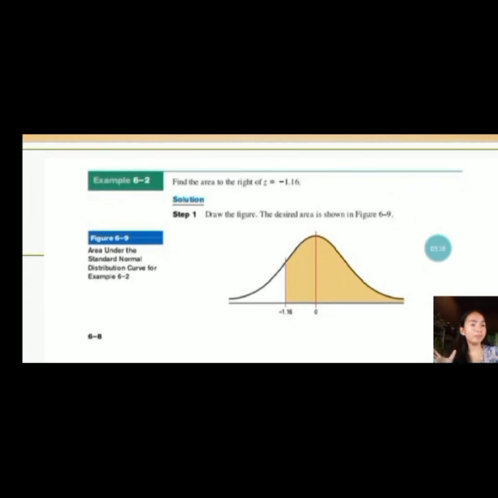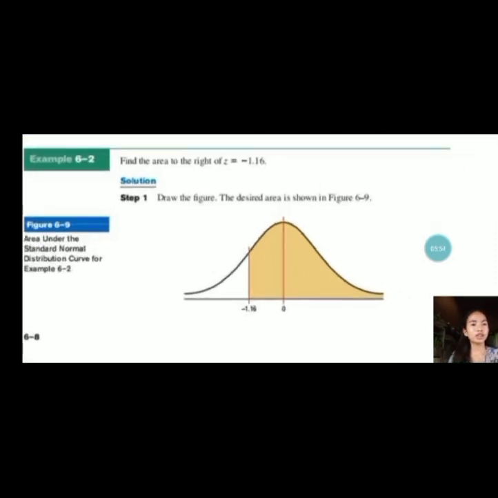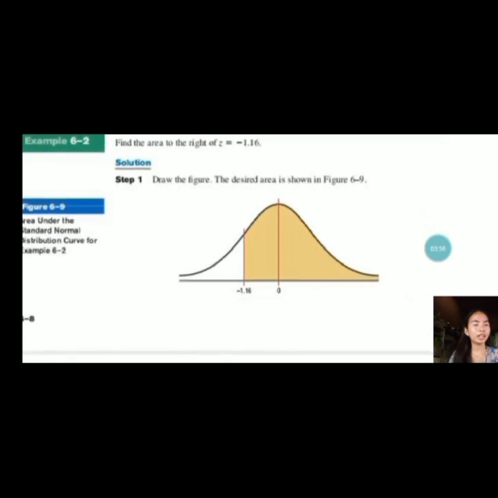Next. So, find the right. Ganina, left man to. So, karon right side na naman tayo. So, right side is z is equal to negative 1.16. Same as that, mag-drawing mo og bell.